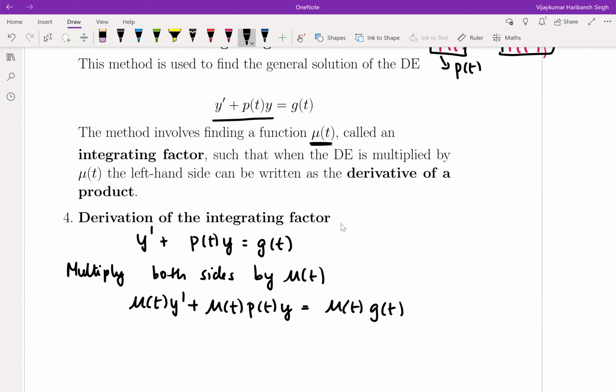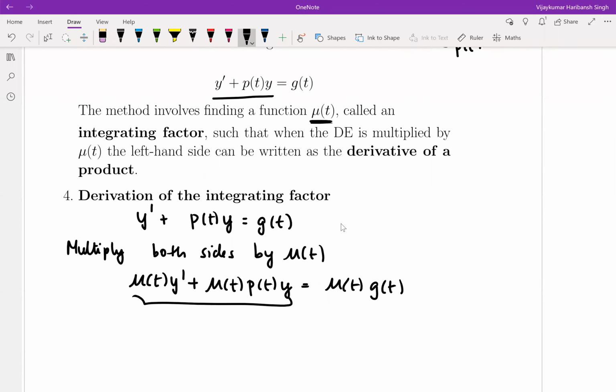Now the idea is that this side should become a derivative of some product of two functions. So you can see that this is going to be mu of t y of t, right? Because if you take a derivative of this, what do you get? You get mu prime of t y of t plus mu of t times y prime of t.